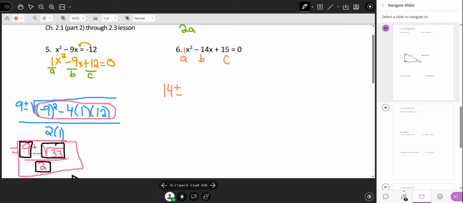Plus minus square root of -14 squared minus 4 times 1 times 15, over 2 times 1.